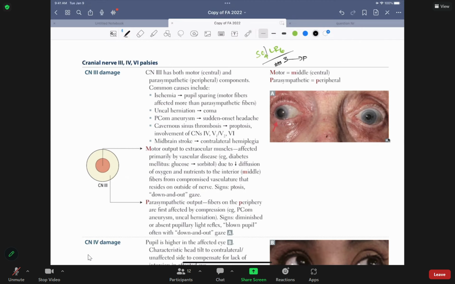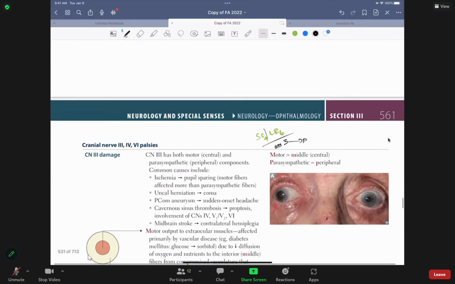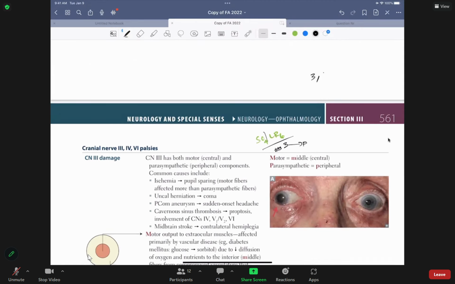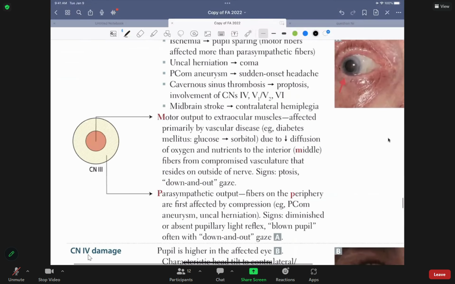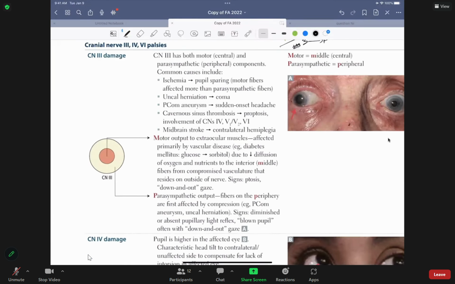Is that crystal clear, folks? 3, 7, 9, 10 are the 4 cranial nerves that carry parasympathetic fibers. So now we are talking about cranial nerve number 3, which has both motor and parasympathetic fibers.